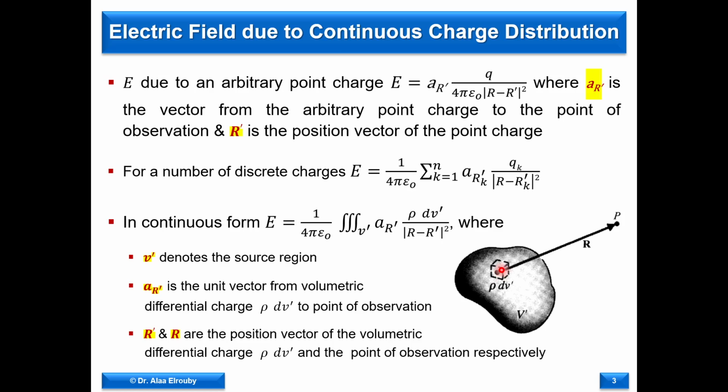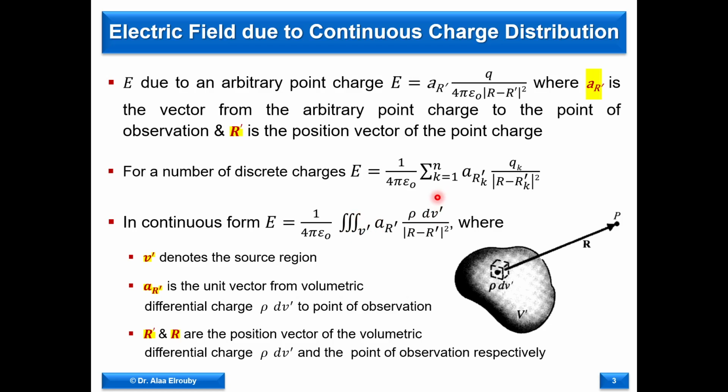Because it's continuous and it's a very large number of tiny elements, this summation is actually an integration. So when the number goes to infinity, this expression reduces to this format: same constant, the summation replaced with integration, and we are integrating over the whole source region.